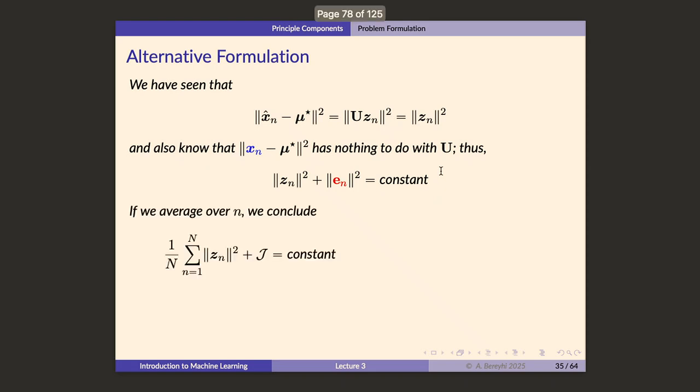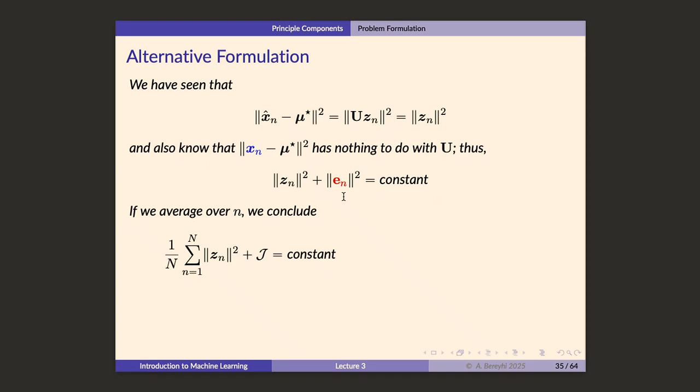Moral of the story, if you add up everything over n, then the summation of these En squared is going to be your distortion, your J term. Because if you remember, my J was 1 over n summation of the norm of x hat n minus xn, and I defined it to be En.